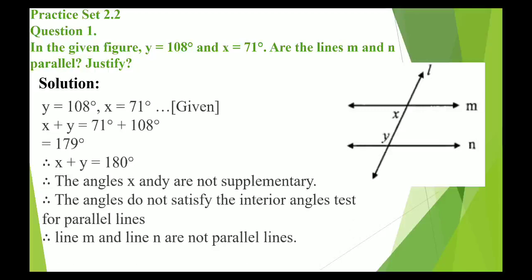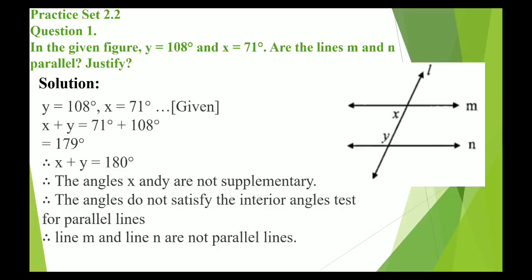Solution. So we know that angle y is equal to 108 degrees and x is equal to 71 degrees. Suppose x plus y, when I do the calculation, x value is 71 and y value is 108. When I do the addition of angles x and y, I get 179.